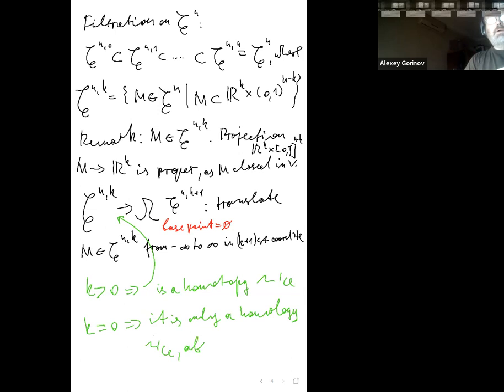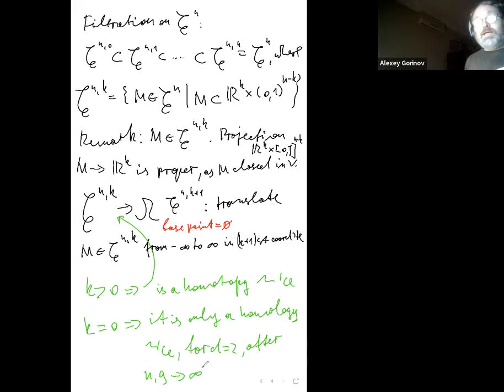And even that is only true after we take d equal 2 and let n and the genus go to infinity.